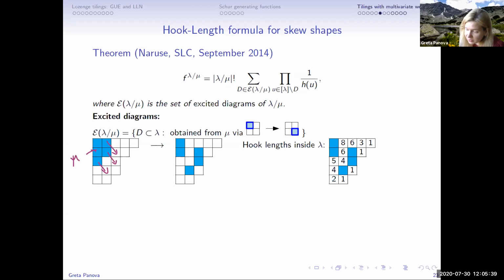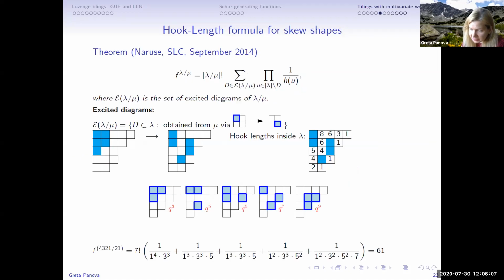They are measured the same way as in the original formula, except we only look at the white boxes, so not the boxes that came from mu. These numbers are the hook lengths of this box inside lambda. So here is 5 and 6 and so on.